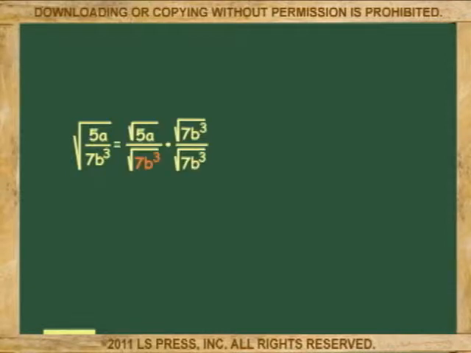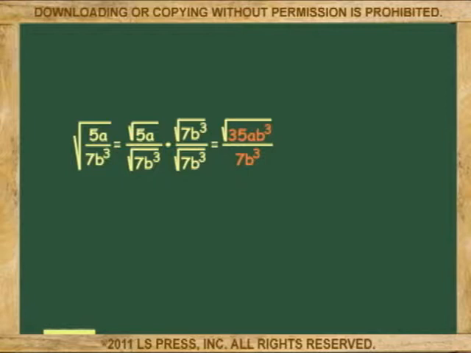One more example. Simplify radical 5a over 7b cubed. Notice that the denominator becomes the one fraction that gets multiplied to get rid of the radical in the denominator. In the numerator, radical 5a times radical 7b cubed equals radical 35ab cubed over 7b cubed, but without the radical sign.